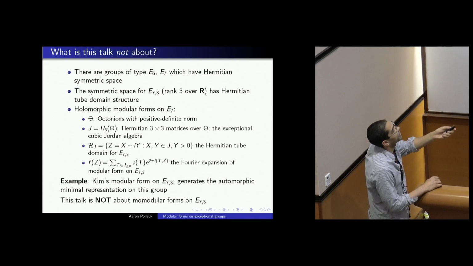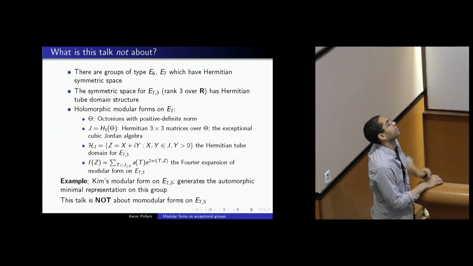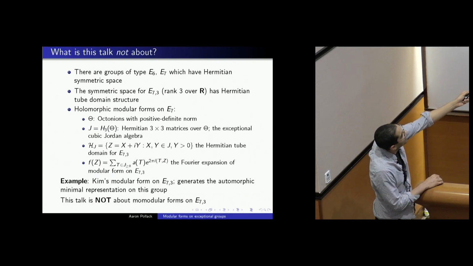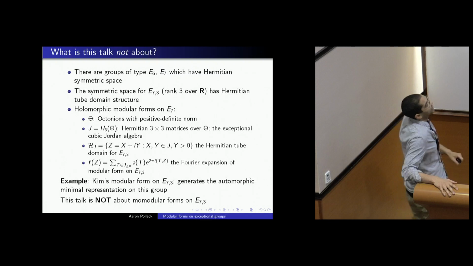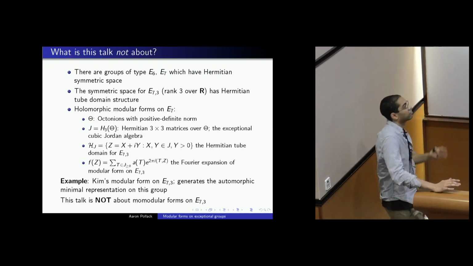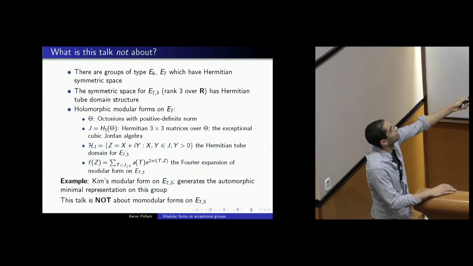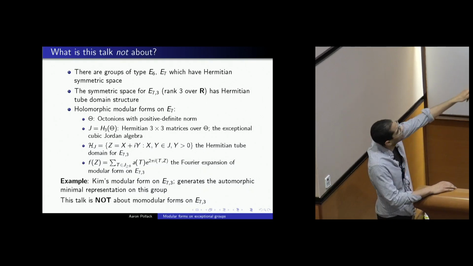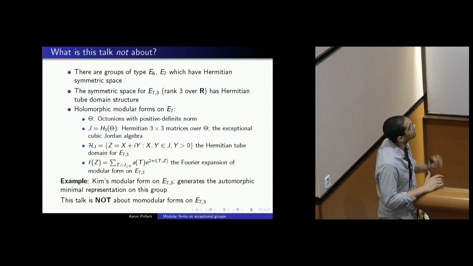What does the symmetric space for this group E7 that has rank 3 over the real numbers look like? If you take the octonions with a positive definite norm, an 8-dimensional real composition algebra, you can form this 27-dimensional space J, the Hermitian 3 by 3 matrices over the octonions. That's called the exceptional Jordan algebra.